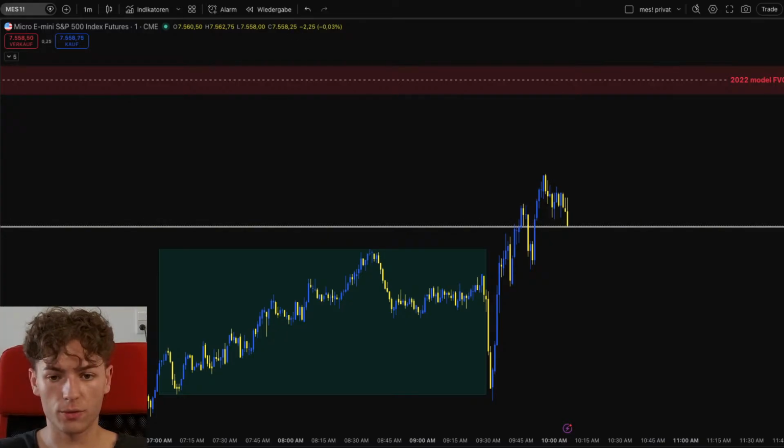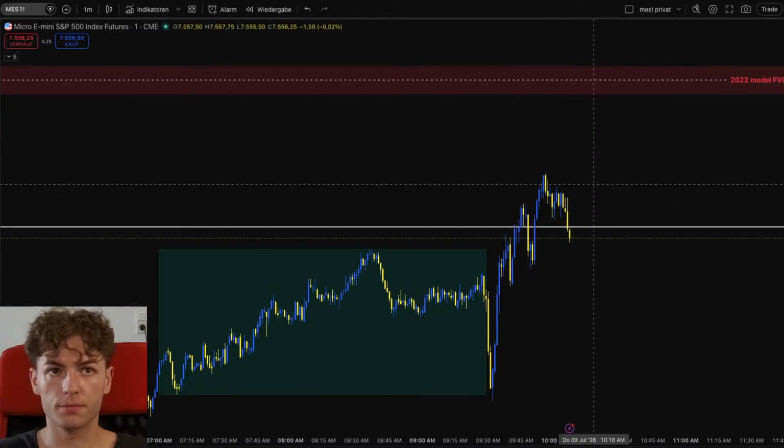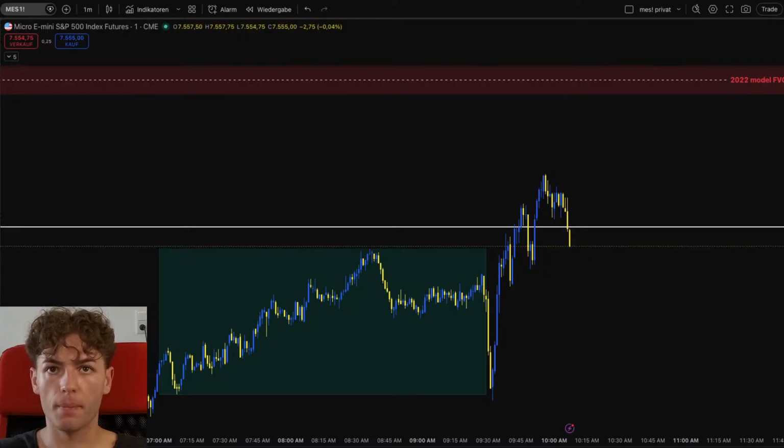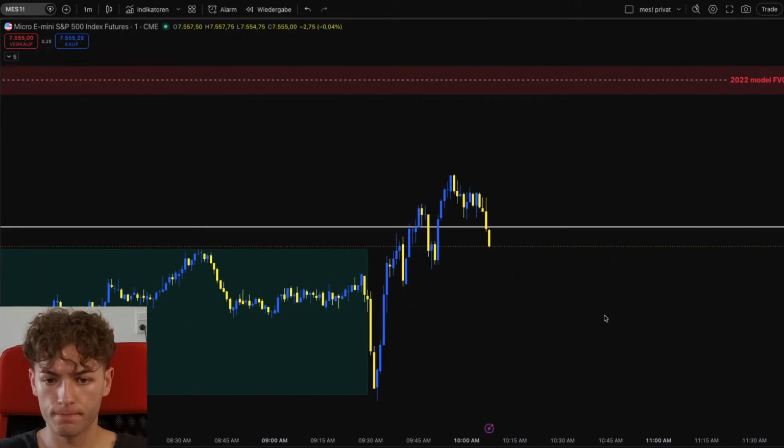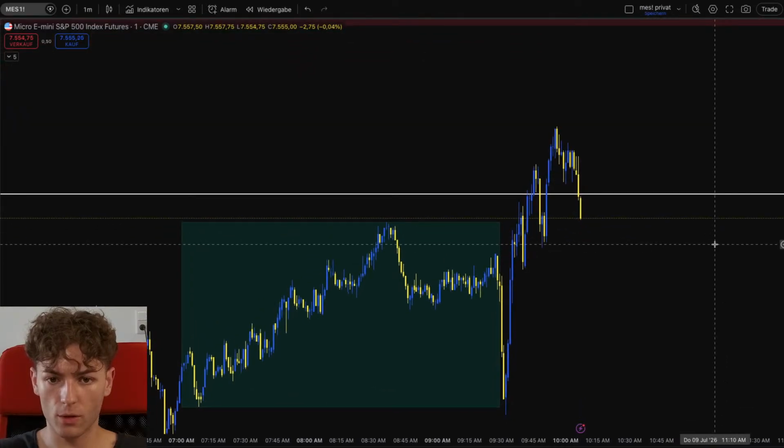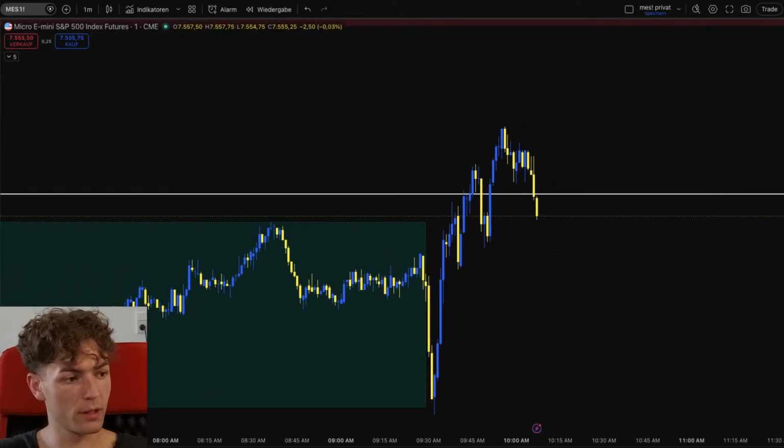I think we're going to get a reversal or at least a deep retracement. That's what I'm looking for. But let's see. Yes, it's already moving lower.